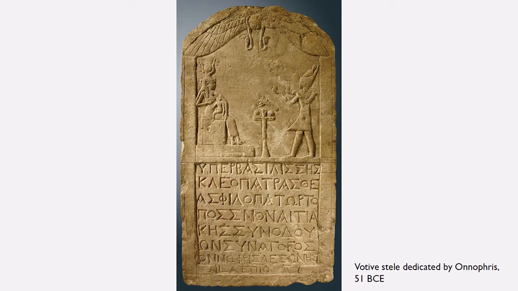And here she is offering to the goddess Isis, and she's represented as a man, as a male pharaoh. And it's possible that this had originally been carved for her father, and it was quickly repurposed for her after his death and her accession, or it's simply that this was not a problem for the Egyptians to envisage this sort of thing.